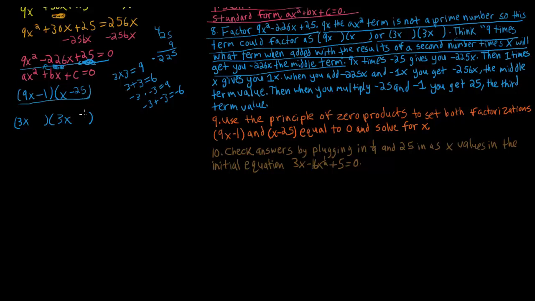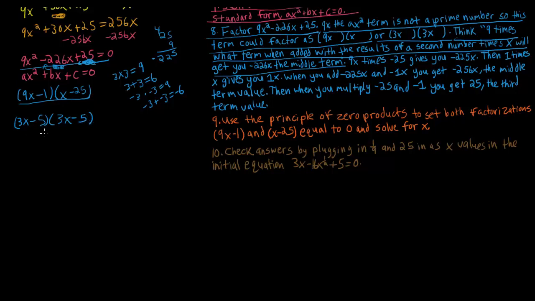But even if we wanted to multiply 3x times 3x, there's really nothing that's going to help us get to this number. Even if we did 5 minus 5 minus 5, you would end up with negative 5 times negative 5 is positive 25, but 3x times negative 5 is negative 15x.